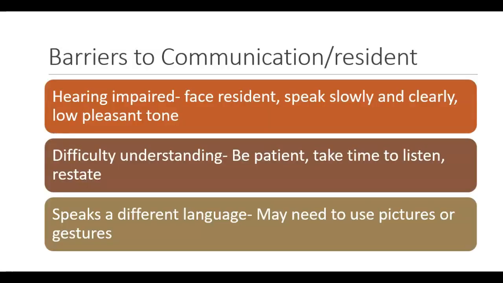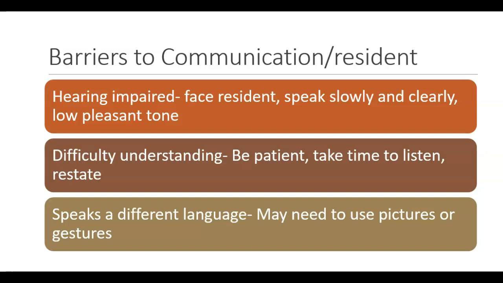Barriers to communication. Hearing impaired: if someone is hearing impaired, you should face them and speak slowly and clearly in a low, pleasant tone. If they have difficulty understanding or you have difficulty understanding them, be patient, take time to listen, and restate what they said so they can make clear that they're understanding.